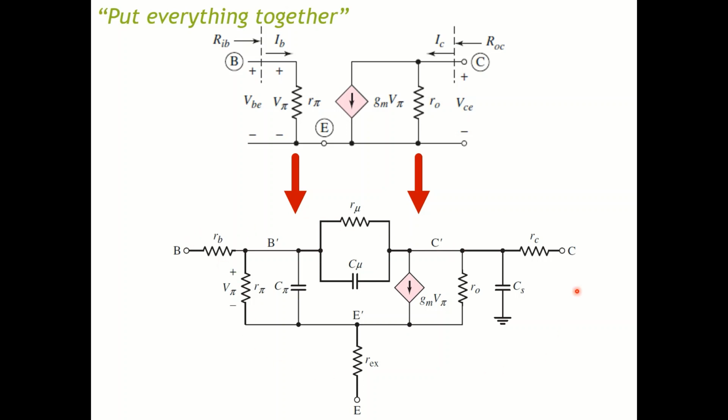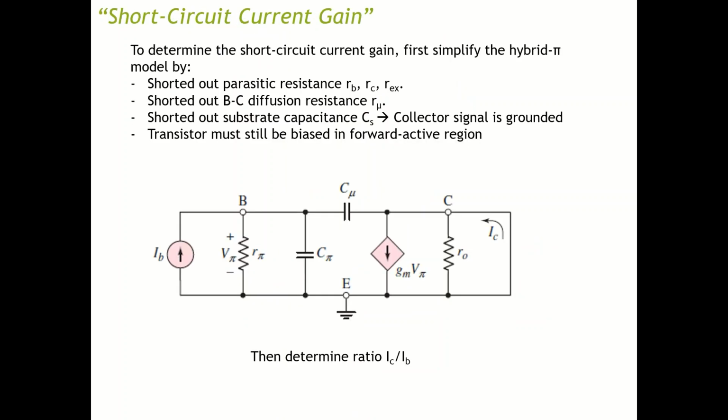We can begin to understand the frequency effect of the BJT by determining the short circuit current gain after simplifying the hybrid-pi model. In order to simplify the hybrid-pi model for short circuit current gain, as suggested in the name short circuit, you need to short out a bunch of things.